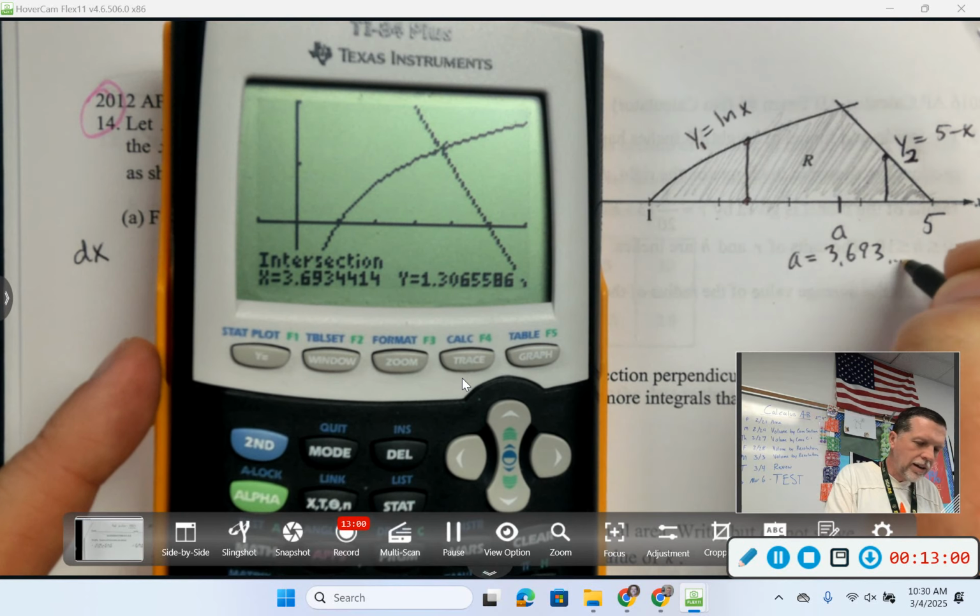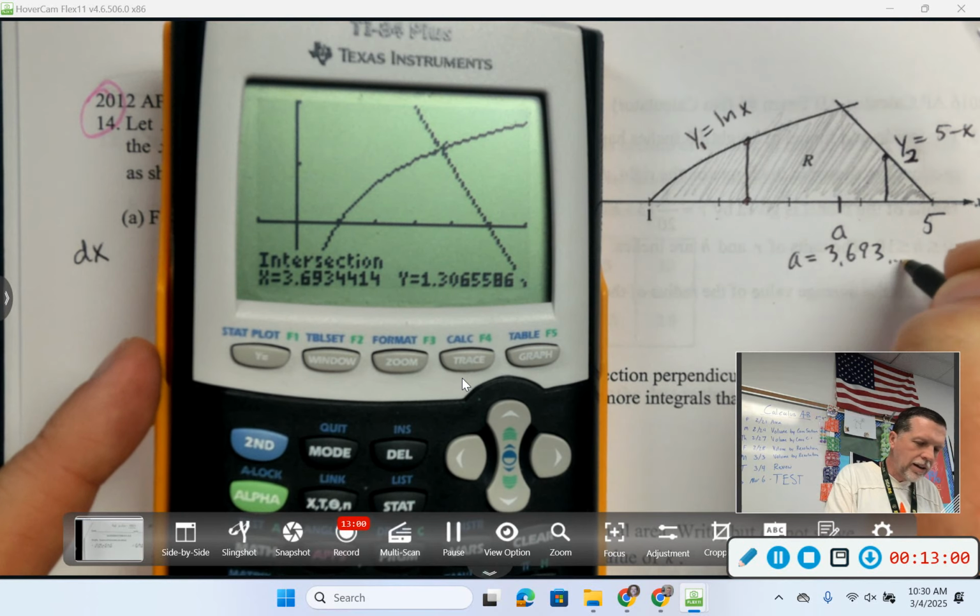And the left-hand side is attached to y equals natural log of x, but what does that mean x is equal to? Yeah, we've got to do the fishhook thing, x equals e to the y. So 0 to b, 5 minus y minus e to the y dy.